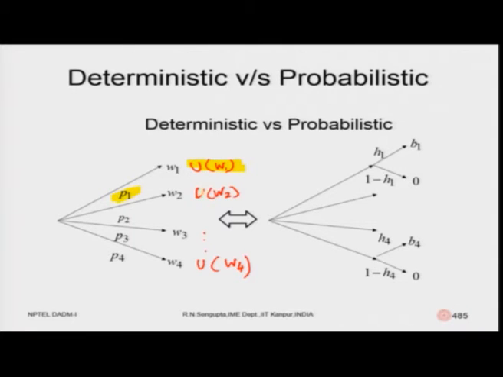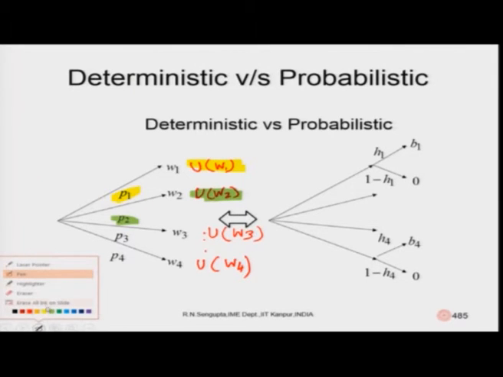by the probability here, then this value multiplied by P2. I missed one, I will write it again. This will be U W3. Then, this green has come, now it will be blue.